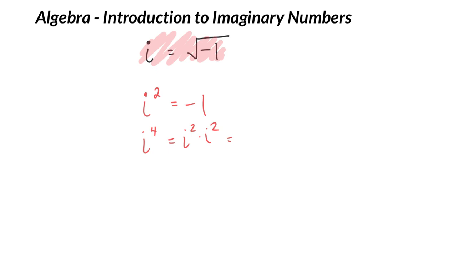Well, that's the same as -1 times -1. That's 1. If I said, yeah, but what's i cubed? i cubed is the same as i squared times i. i squared is -1, like that. So we can also almost use this alternate definition of i to do some simplifying as well.